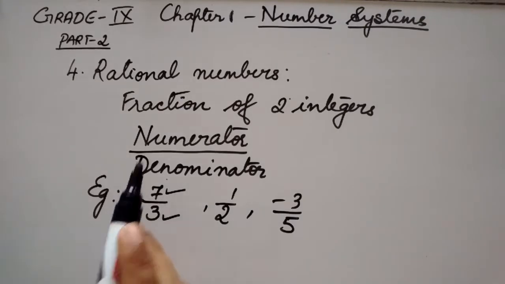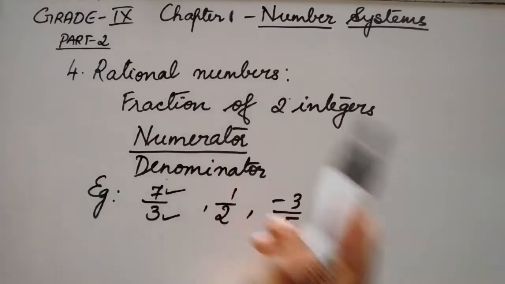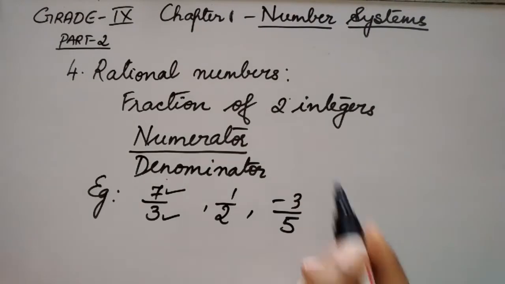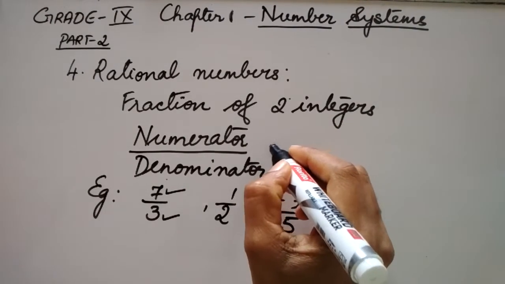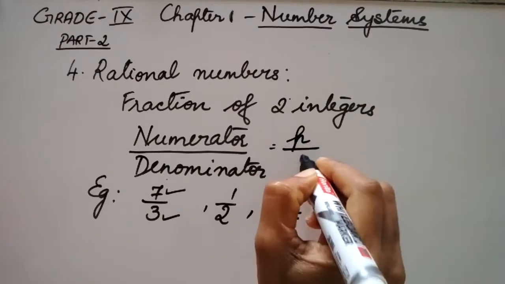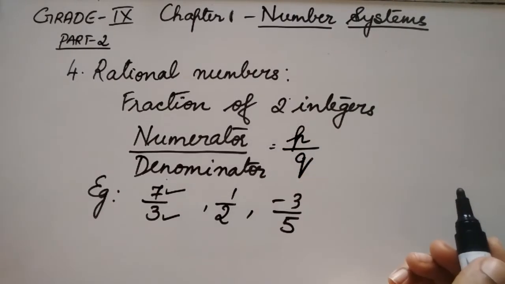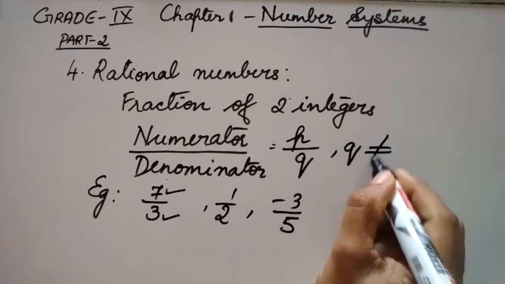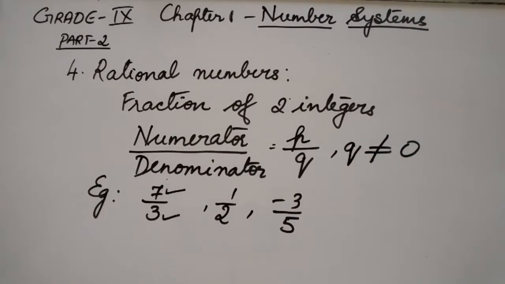The rational numbers are expressed in the form P by Q where Q is not equal to 0.